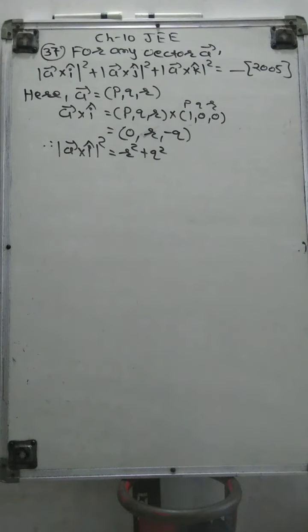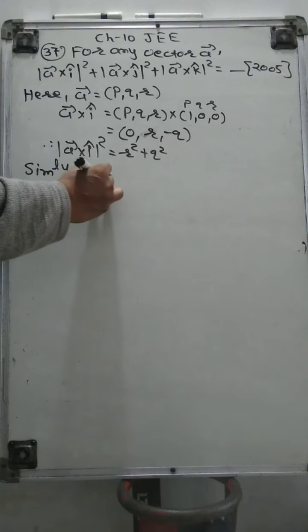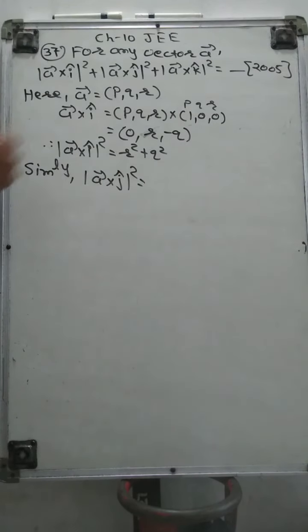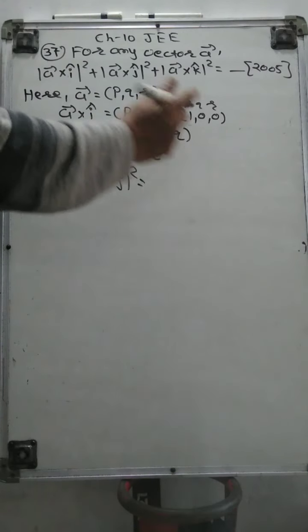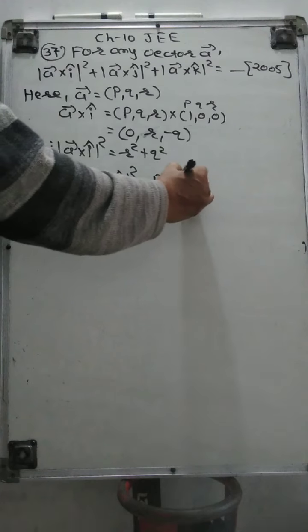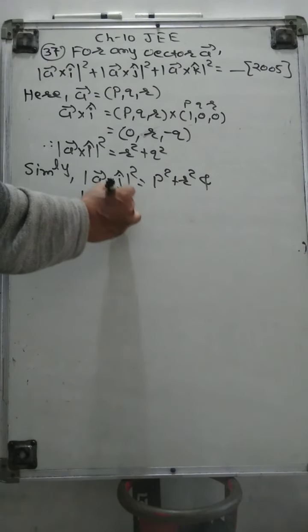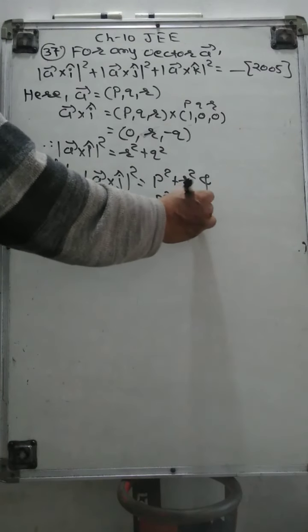Then similarly for A bar cross J bar square, we remove the element of J, meaning Q is removed, so P square plus R square, and A bar cross K bar square is P square plus Q square.